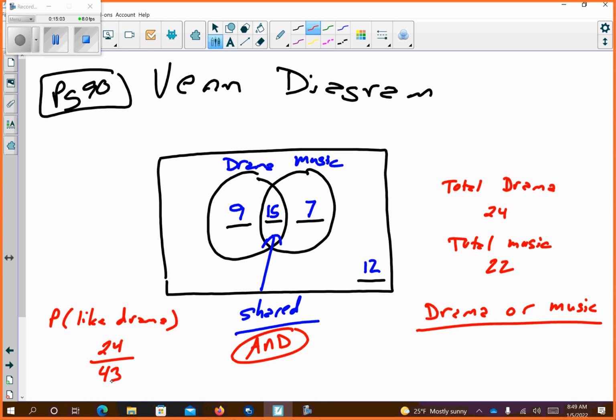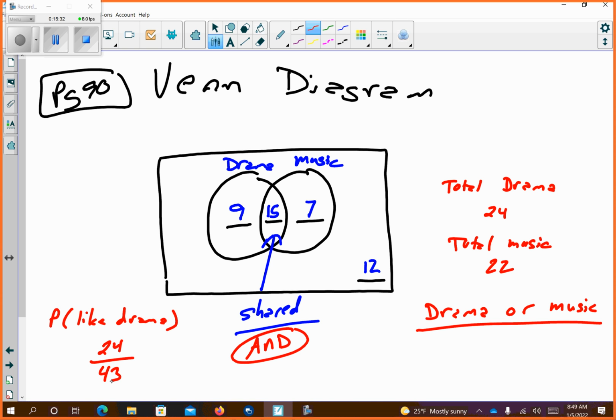And then when they say they like drama, given that vertical line, they like music, okay? So they like drama, given they like music. Let me make sure I do that right. They like drama, and they like music. So you have 15 that like drama, and then you have 22, you add those together, becomes your denominator.